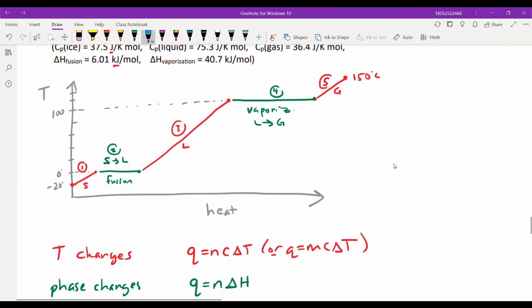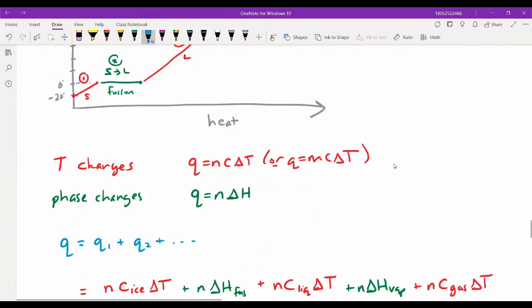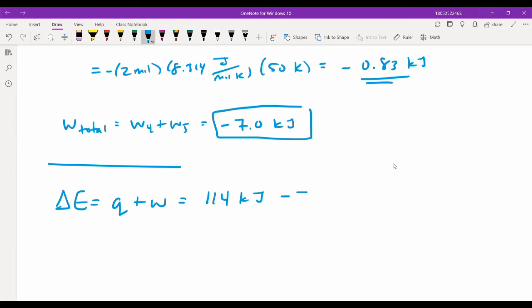And now for the next two, it's not that bad because if we think about it, we don't have to do delta E for each step. We can just find the delta E for the whole thing by adding up the total Q and W, which ends up being 107 kilojoules when we add those together, right?